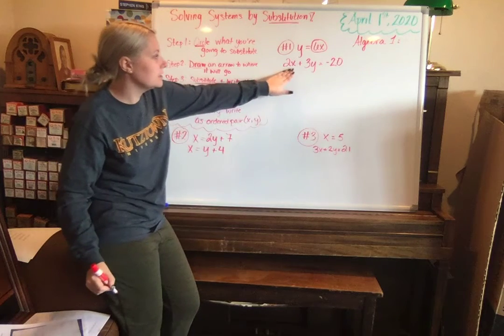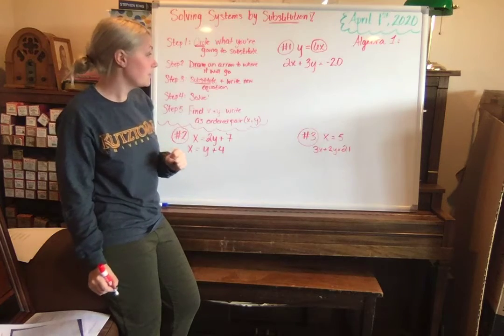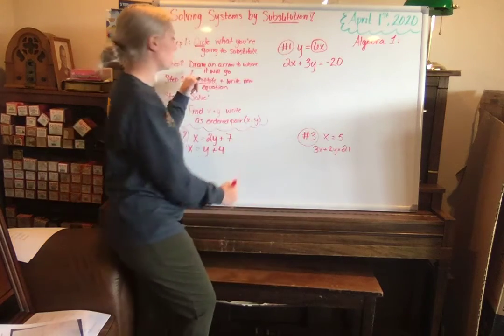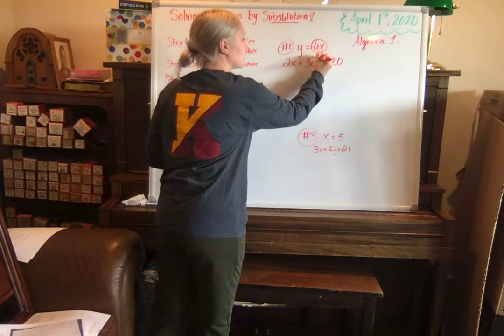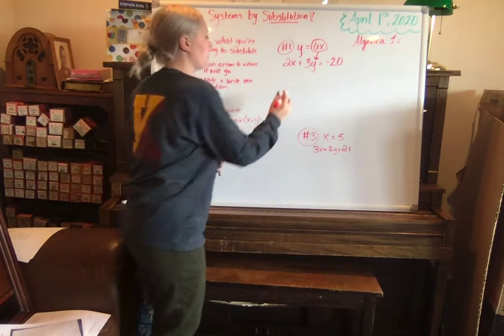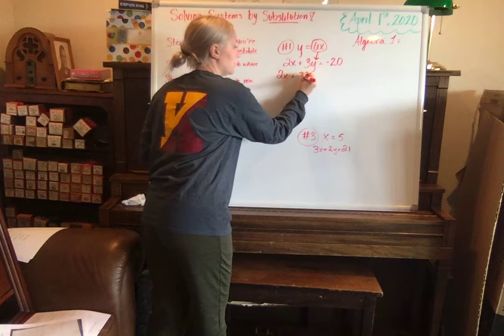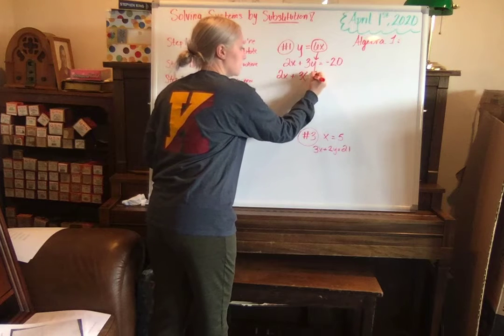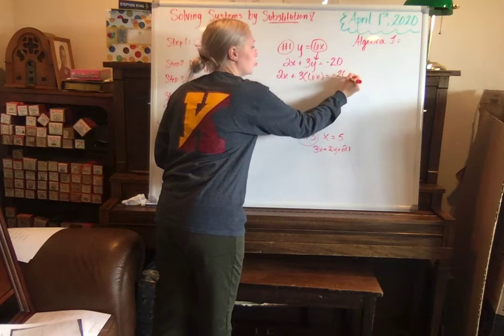If I look down at this equation, this is where I'm going to substitute that 6x in. I'm going to draw an arrow to where it will go. Well, if y and 6x are the same thing, I'm going to change that y right there. So my new equation is going to look like 2x plus 3 times 6x equals negative 20.